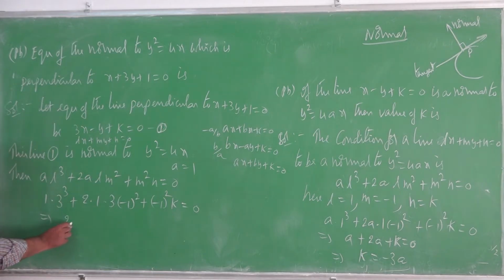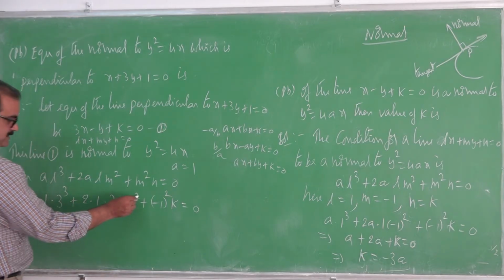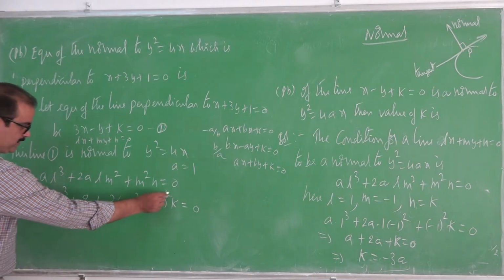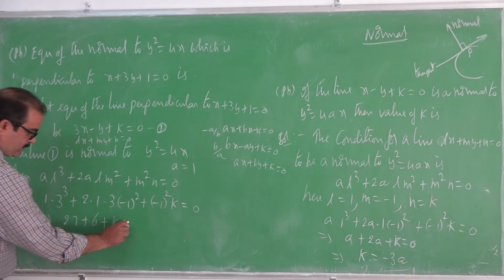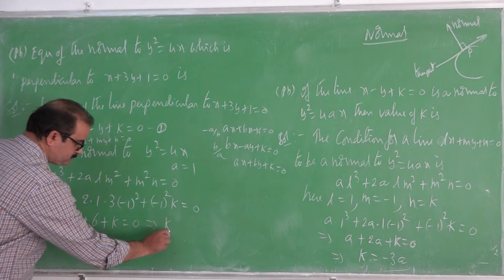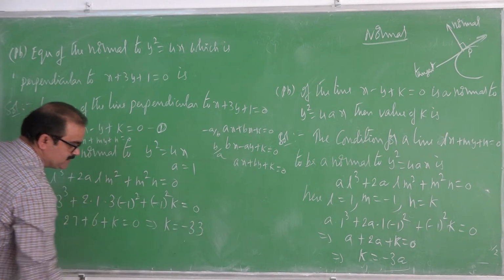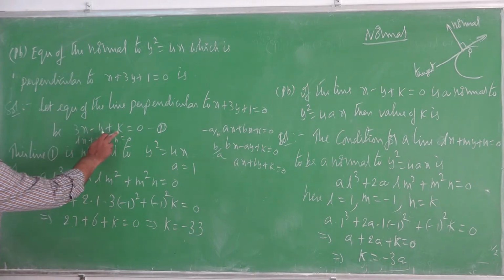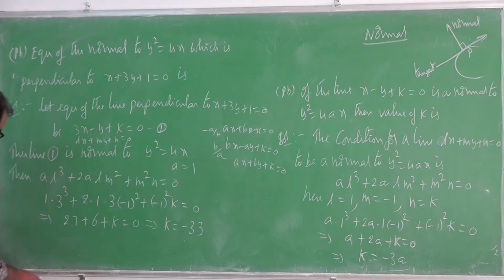3 cube 27, minus 1 square 1, 2 into 3 is 6, minus 1 square 1. 27 plus 6 is 33. So k is equal to minus 33. Therefore, the equation of that line: substitute the k value in equation 1.